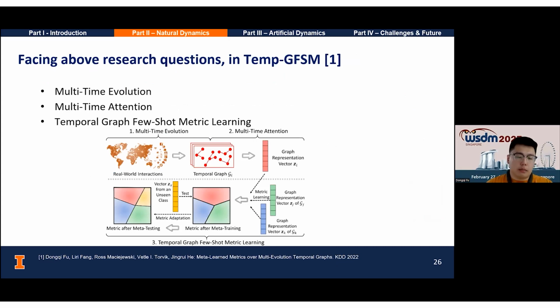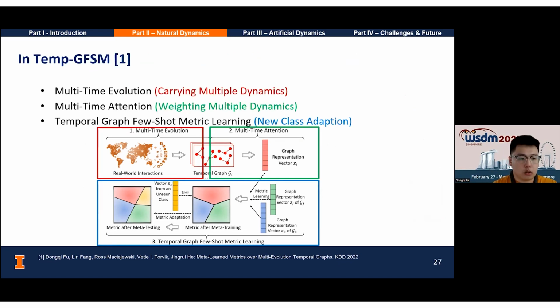Facing those questions, in our recent research called TEMP GFSM, we propose three components to address those challenges one by one. They are multi-time evolution, multi-time attention, and temporal graph few-shot metric learning. You can understand the multi-time evolution as a fundamental modeling to model the multiple dynamics, that is, multiple time steps.